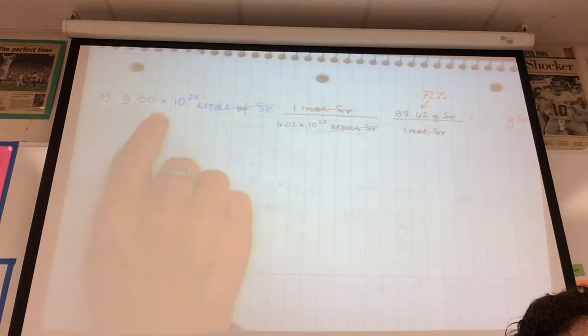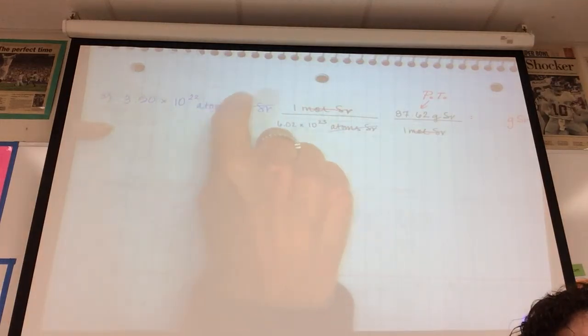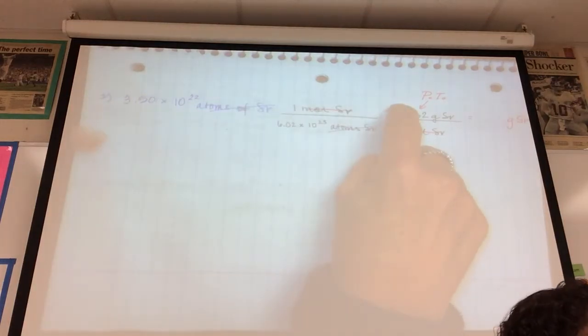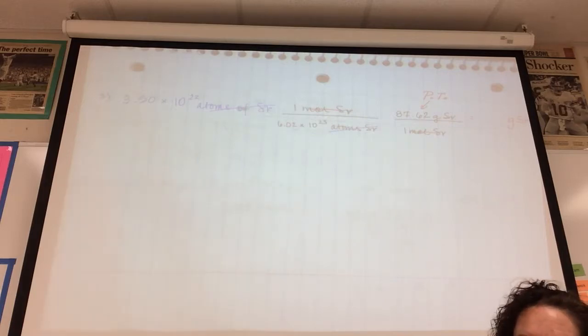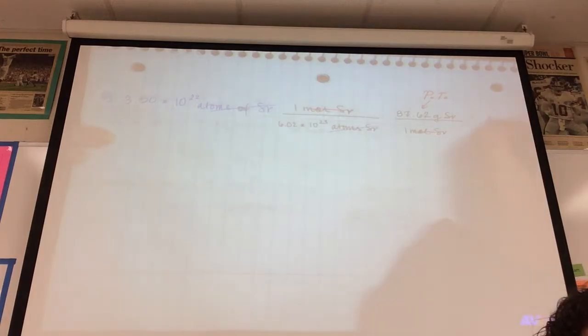I like to treat this as one big fraction. I multiply the numerators, I hit equals, and I divide by the denominator. So I have 3.5 EE22 times 87.62 equals divided by 6.02 EE23, and I have 5.09 grams of strontium.